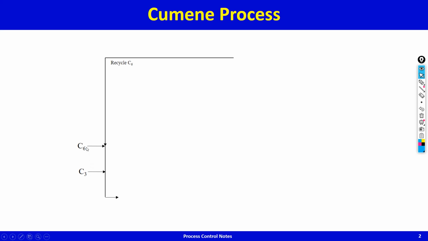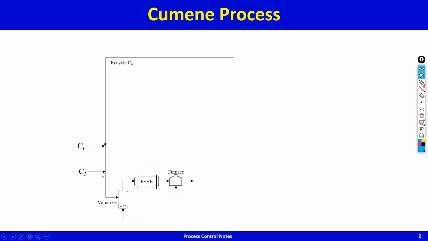So what you have is fresh benzene, fresh C3 mixing with recycled benzene, and the mixed stream is sent to a preheating section for heating the reactants to the reactor temperature.